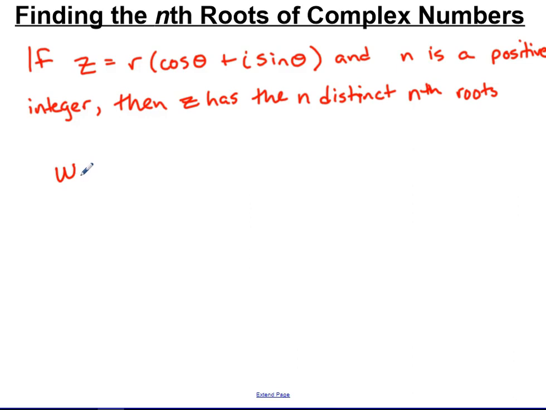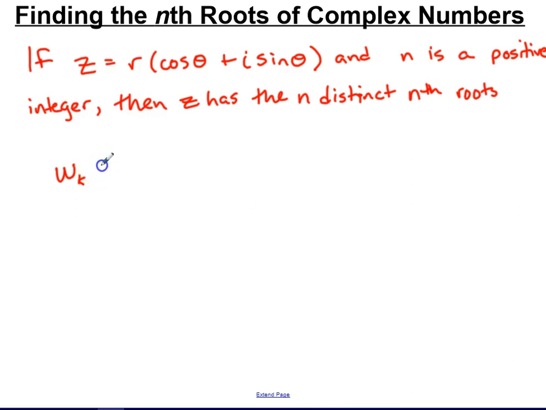Let's call w_k one of those roots, where k is the subscript. You can have k different roots, and we're going to talk about what k can take on.